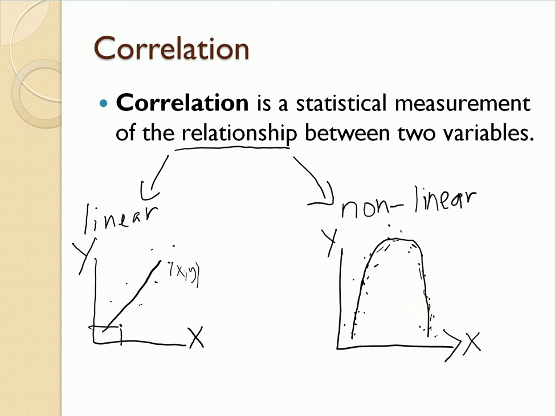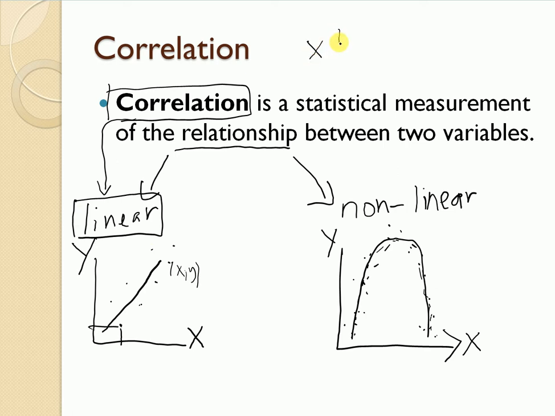Correlation specifically measures linear relationships. And so if two variables x and y, where x is the independent variable and y is the dependent variable, are correlated, then there may be a linear relationship between x and y.